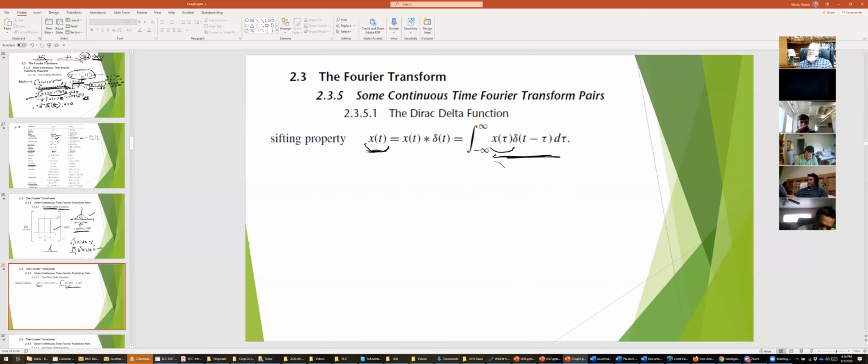Now, this is not too difficult to appreciate. Let's look at, first of all, delta of t minus tau. Notice we're integrating over tau here. So let's make sure that we're integrating over tau. So delta of t minus tau is going to be a delta function, which is centered at tau is equal to t. Now we're going to multiply this by x of tau. So here's x of tau.